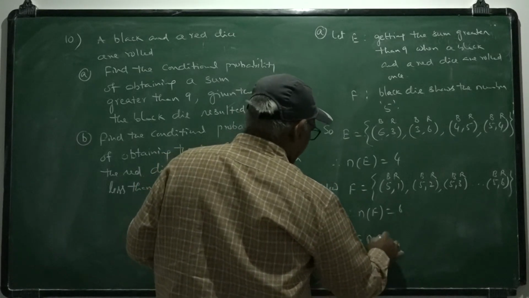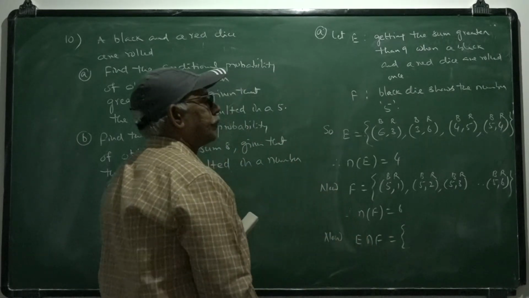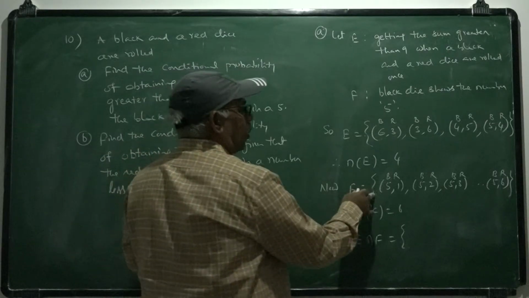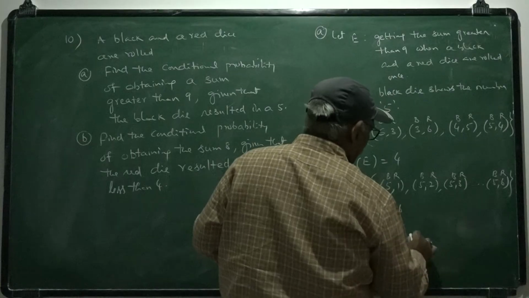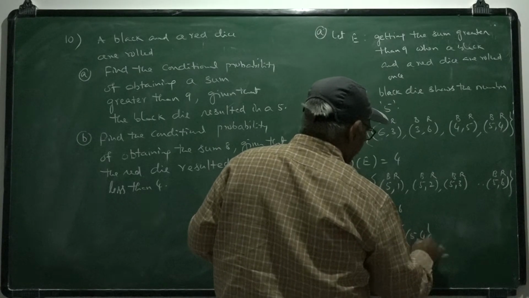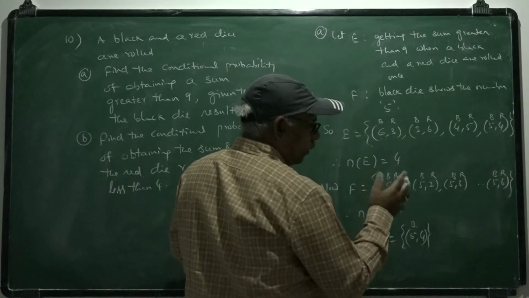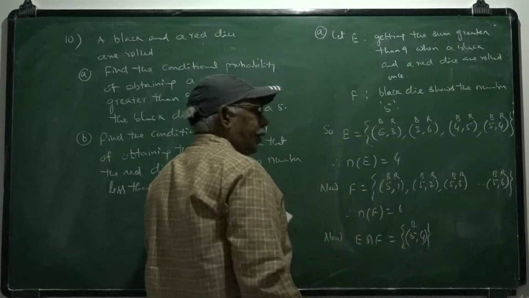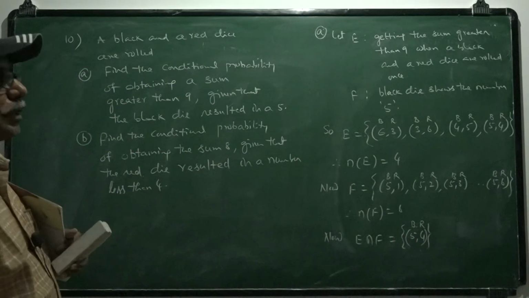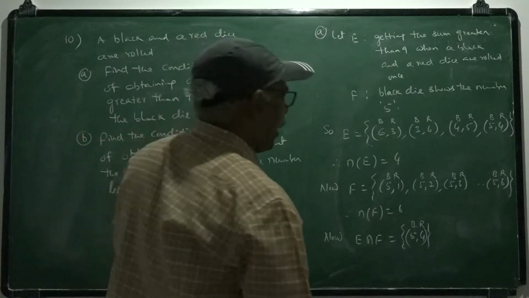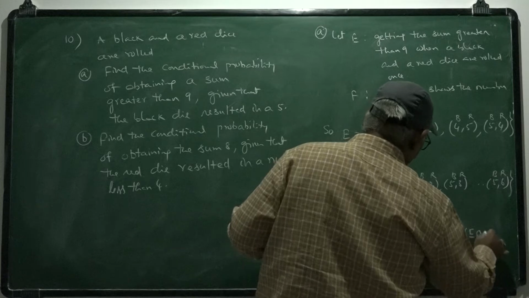Now E intersection F favorable possibilities. The common possible outcome is only 5, 4: getting 5 on the black die and getting the number 4 on the red. That is in favor of E intersection F. So n of E intersection F is 1.